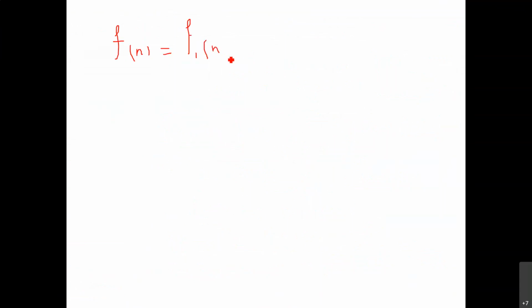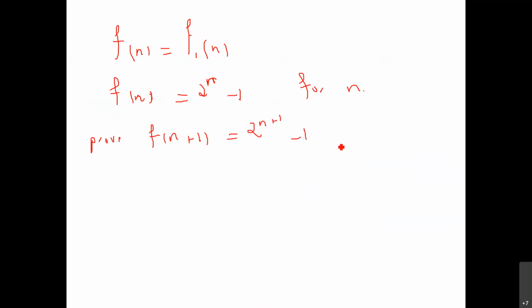Remember, this is our hypothesis. We're assuming that this is true, so that means that f of n does equal 2 power n minus 1, because it's for n. We want to prove now for n plus 1. So prove that f of n plus 1 equals what we just said, 2 power n plus 1 minus 1.